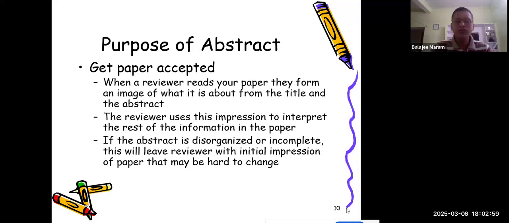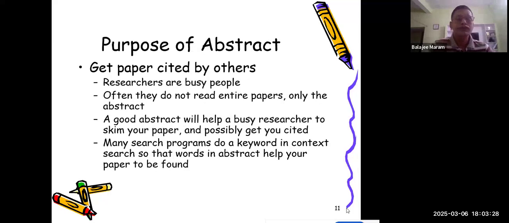And the third point, if the abstract is disorganized or incomplete, it will leave the reviewer with an initial impression of a paper that may be hard to change. Definitely, it creates a bad impression on your paper, even though the content of the paper is good, when the abstract is not up to the mark. That is the main problem with a disorganized or incomplete abstract.